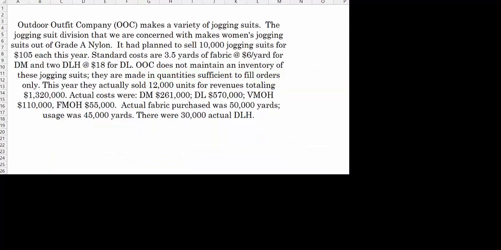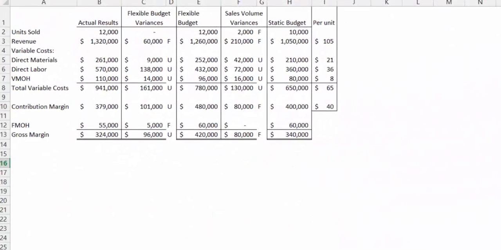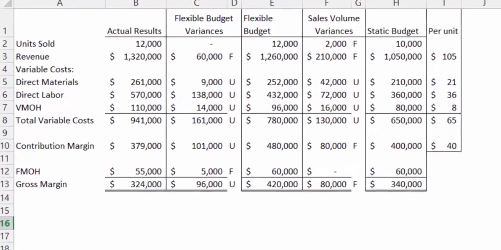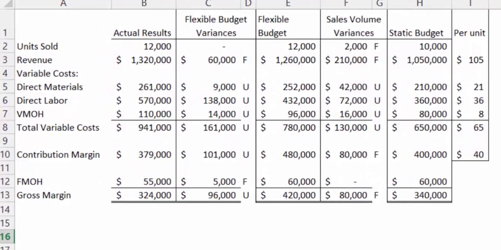So let's go ahead and move forward a little bit. We looked at the flex budget variances and the sales volume variances before. And what we're going to do now is take just one number, the $9,000 unfavorable direct materials variance. This is the difference between the flex budget variance and the actual results.